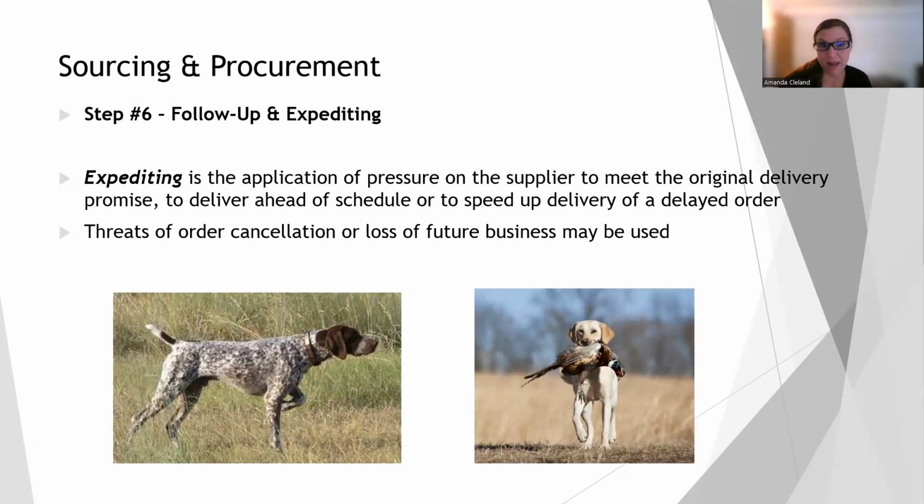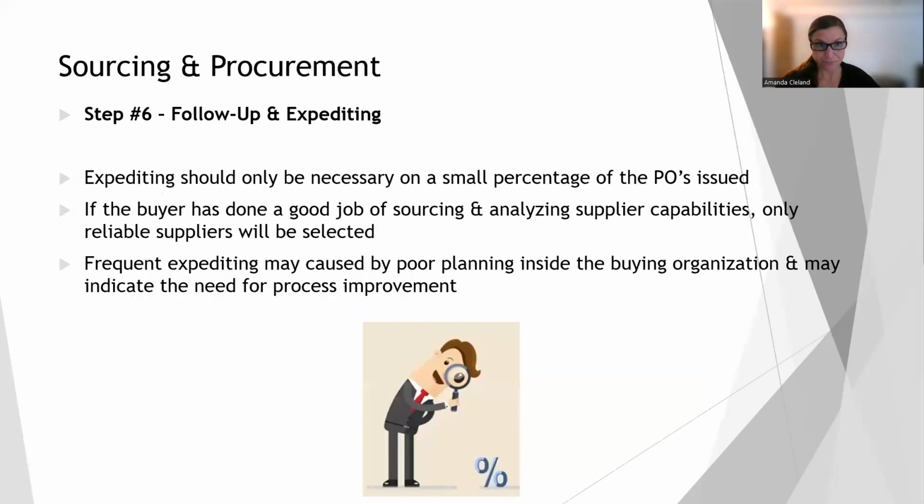And we could threaten them with order cancellation or loss of future business, that they'll never do business with us again if they don't actually expedite on this order. So we're going to put a little pressure on them. And expediting usually is only necessary on a very small percentage of what we buy or of the POs that we have issued.